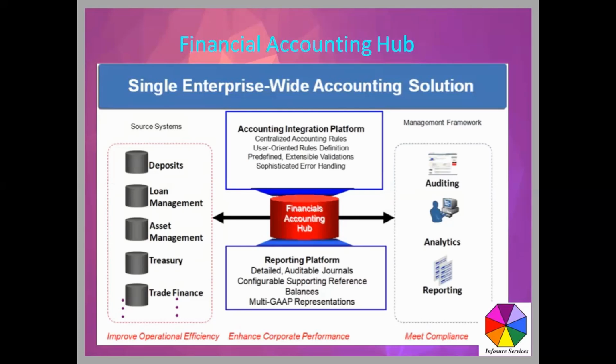In the implementation, they have to configure it and visit that site. The hub is not just a technical solution, it's an enterprise-wide accounting solution, which is more functional in meaning. If you're not showing the correct data, the auditors will not accept it. It supports drill downs and drill throughs.